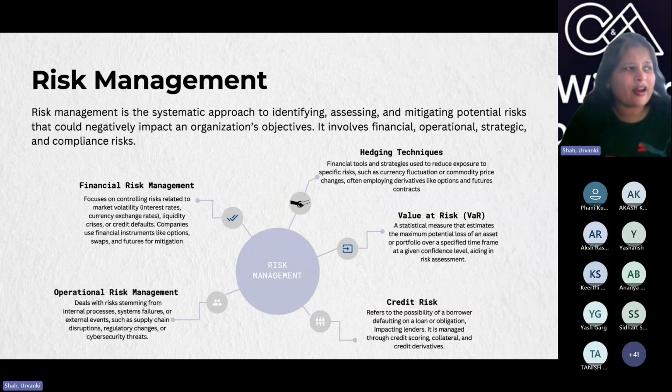So any CFO handling the treasury business, right? They're always worried that today, if my account says I have $1,000, and today the value of the dollar is say 82, and tomorrow the dollar and INR fluctuates and it becomes 92.